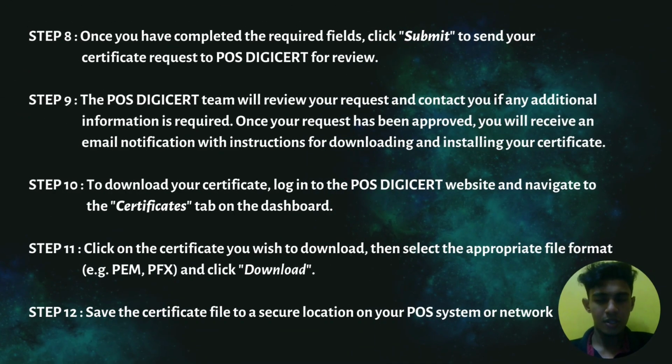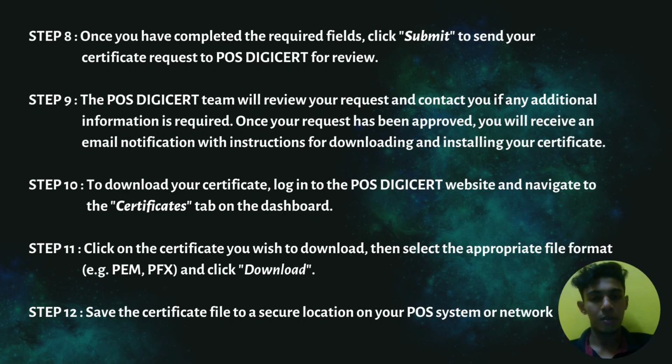Just now you can see in my previous slide, I slightly went through the required fields and all the things you have to fill out before submitting this request. So once you have completed the required fields, click submit to send your certificate request to post-DigiCert for review. The following step will be the post-DigiCert team will review your request and contact you if any additional information is required.